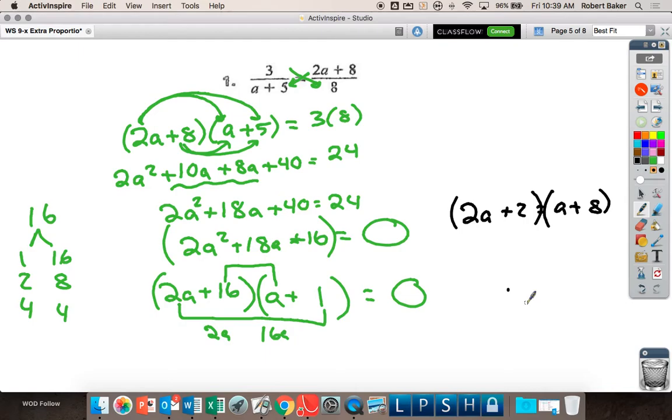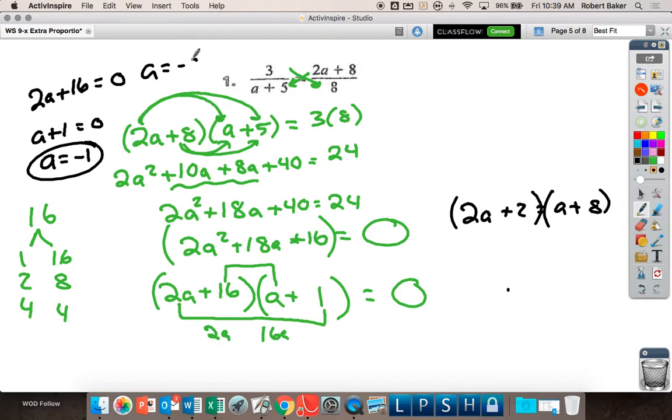Let's see what happens. Remember, these are factors, not answers. So I have to set 2a plus 16 equal to 0, and I have to set a plus 1 equal to 0. So I get a equals negative 8 and a equals negative 1.